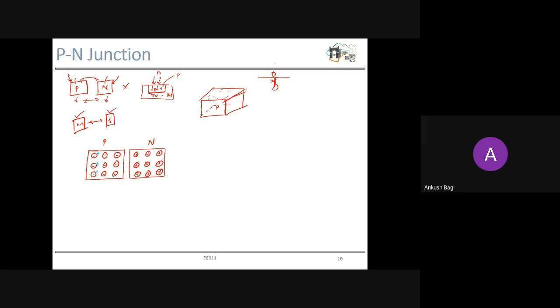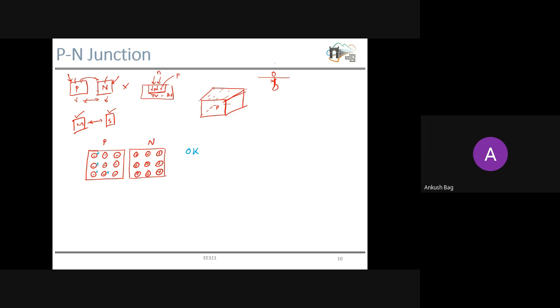Another condition here is that this semiconductor is kept at 0 Kelvin, no temperature. That means all these dopant atoms are not ionized. So all these free carriers are still attached to the dopant atoms.